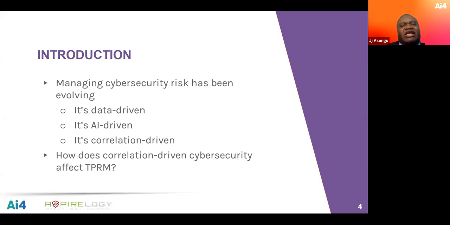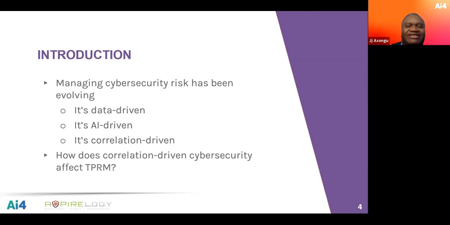Now let's talk about using AI in third-party risk management. First of all, managing cybersecurity risk has been evolving. Initially, the whole idea of third-party risk management was data-driven.